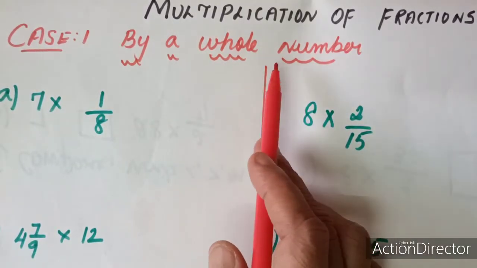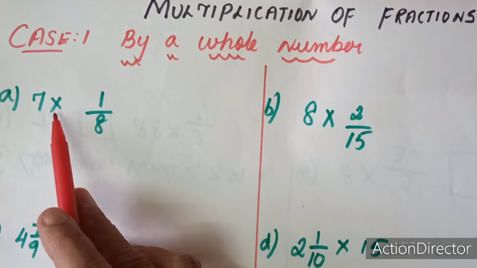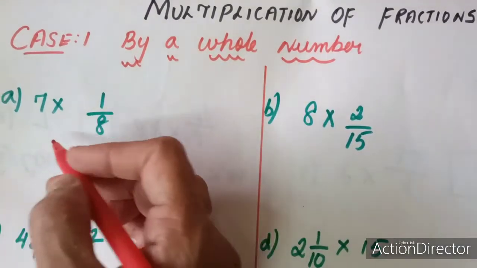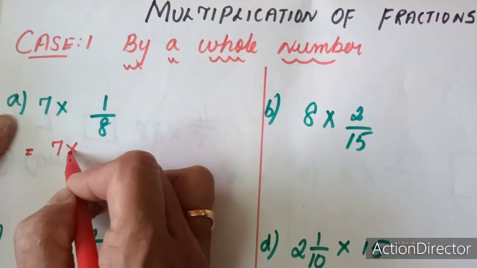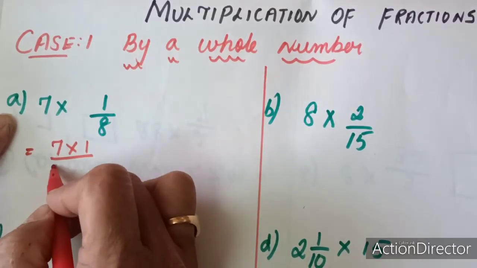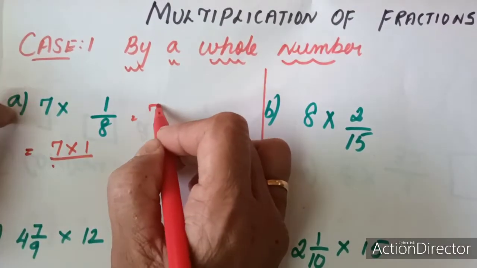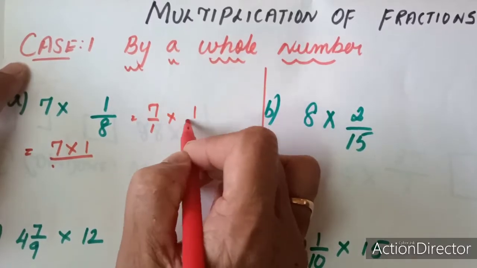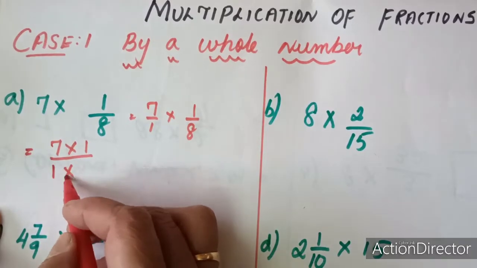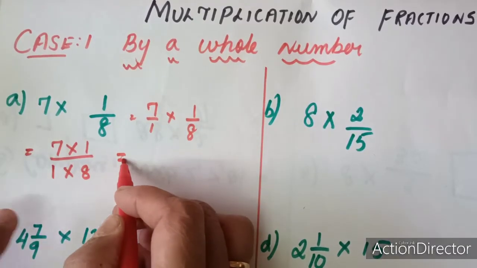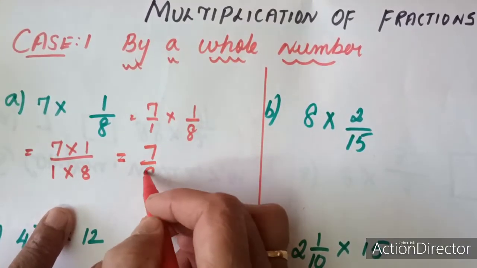This is case 1. The first one is 7 into 1 upon 8. First write 7 as 7 upon 1 into 1 upon 8, and 7 into 1 upon 1 into 8. So this is equal to 7 upon 8.